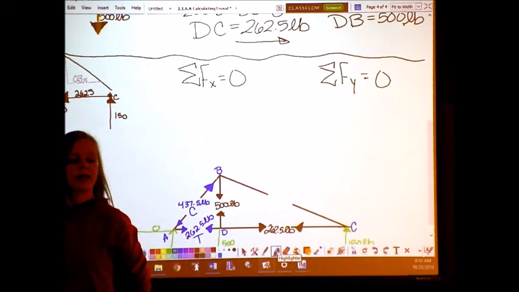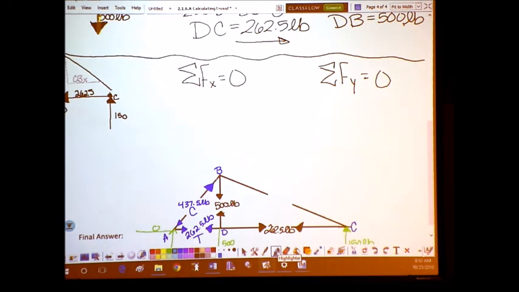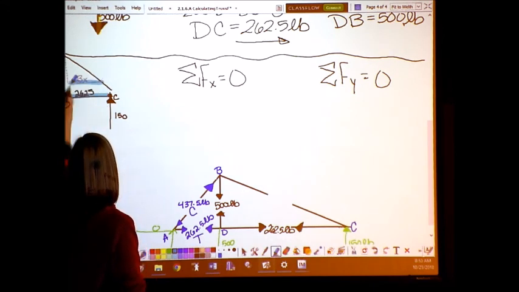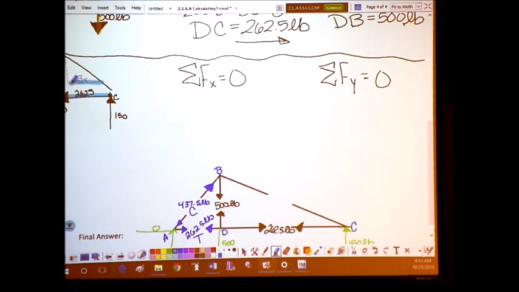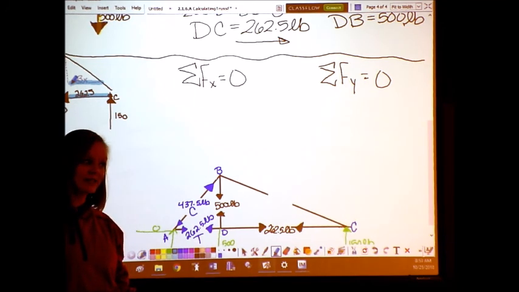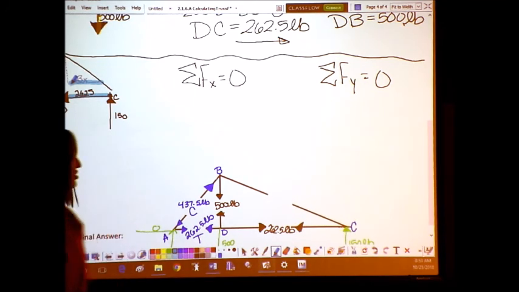How many horizontal lines do you guys see? Good, Trevor. 2 is correct. I see this horizontal line that I know, and this horizontal line that I don't know. Good news. How many of them do I already know? I don't even need to use sine, cosine, and tangent right now. I can just solve for that guy.